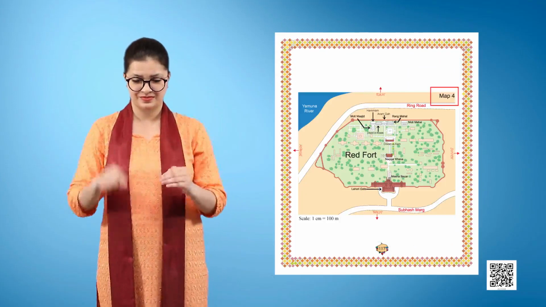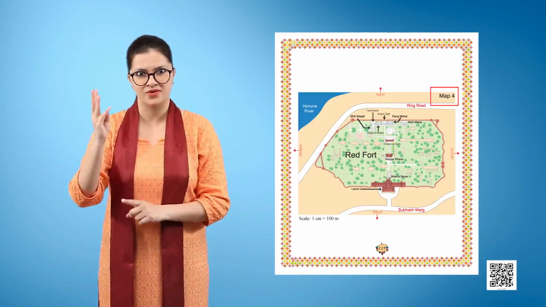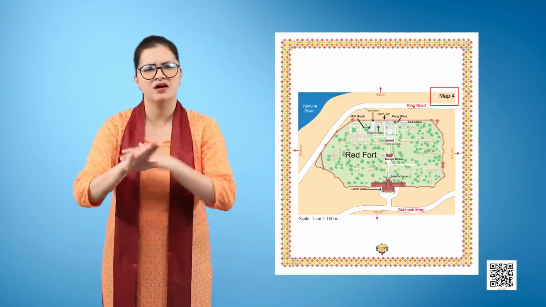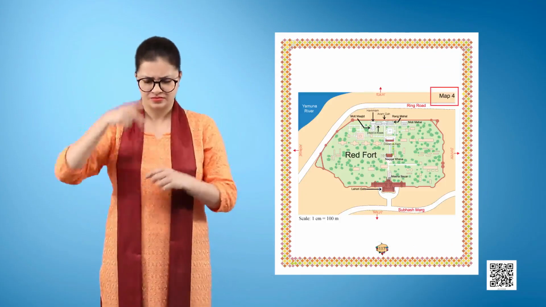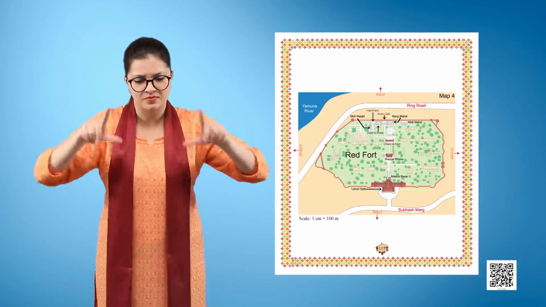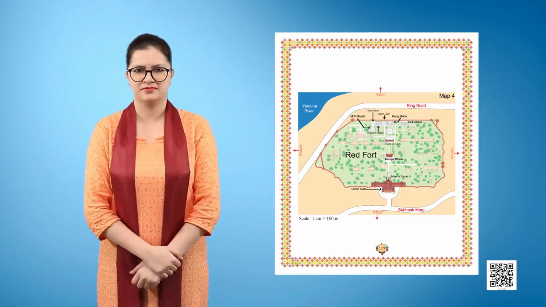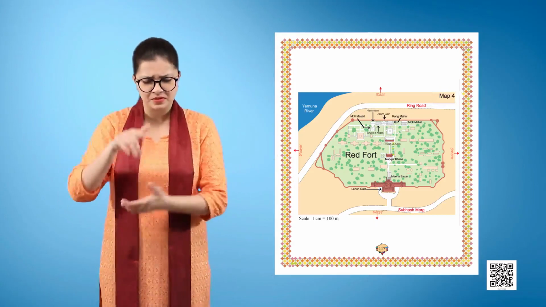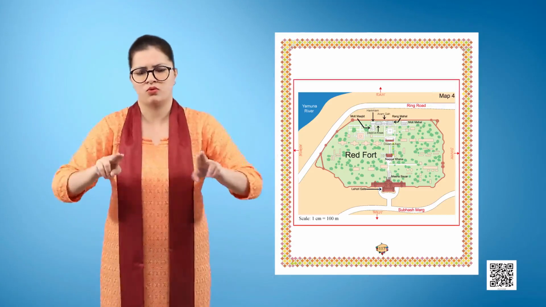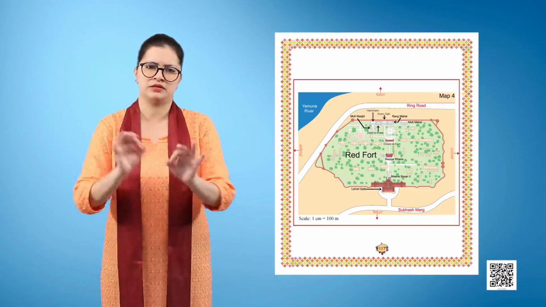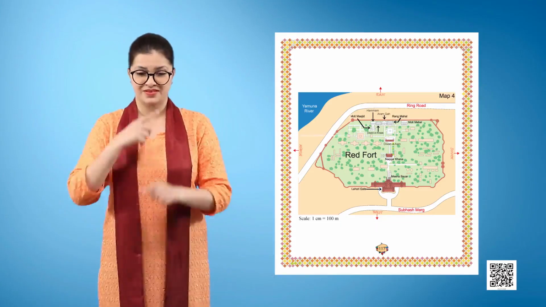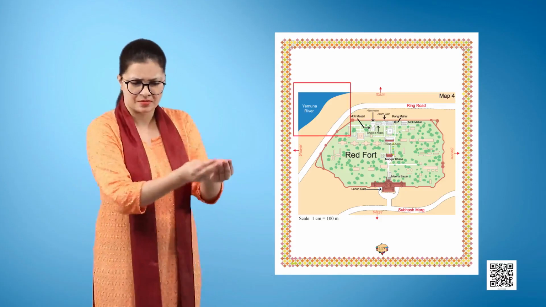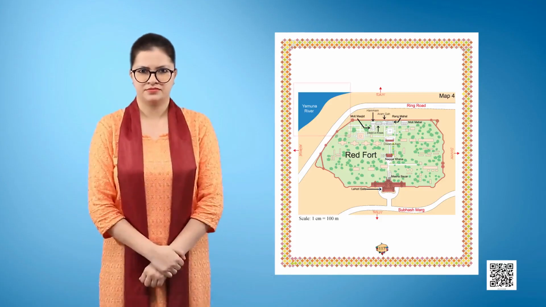Below that is Map 4, which is basically a zoomed-in version of Red Fort. We can see the entire premises clearly marked by the directions. Yamuna River is also marked clearly behind Red Fort.